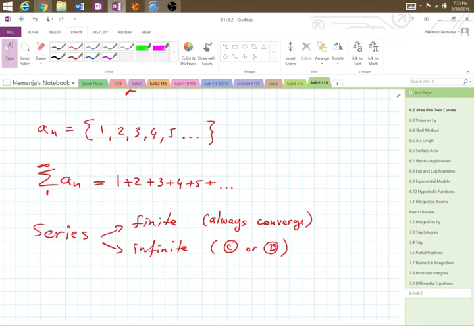You can't be adding these forever. We're going to figure out what we're going to do with those terms. So that's all that I wanted to say for series right now, because series is the sum of the sequence where we replace commas with addition, and then we're going to spend the rest of the chapter looking into it.